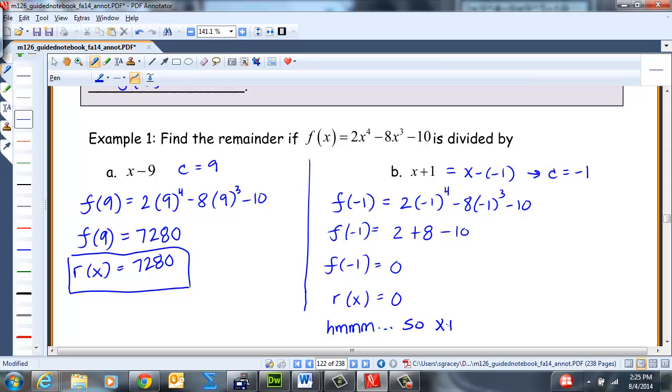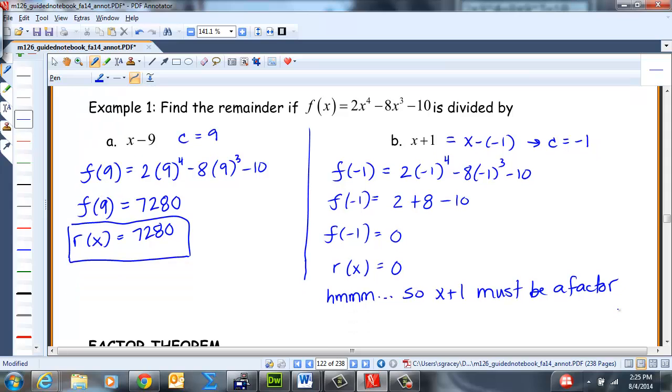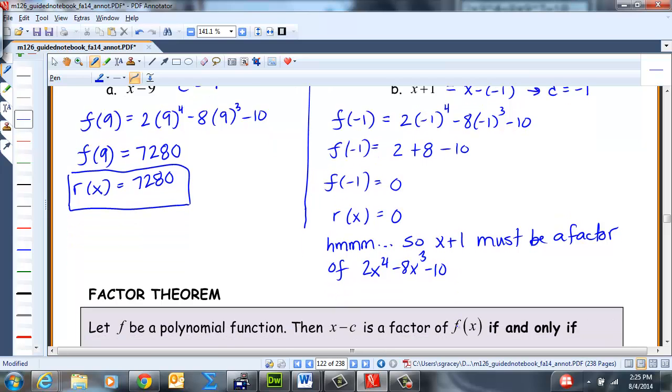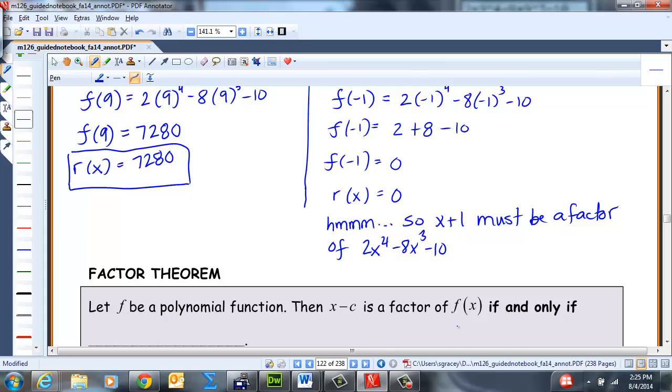So x plus 1 must be a factor of 2x to the 4th minus 8x cubed minus 10, since it divides in evenly without a remainder.